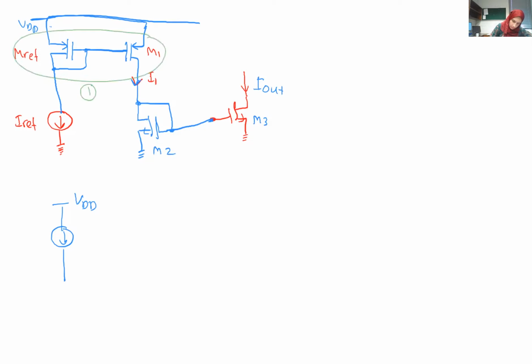And then from the output golden current, I mirror it into I out with an NMOS current mirror. So this is an NMOS current mirror, and this is a PMOS current mirror. Is this clear?